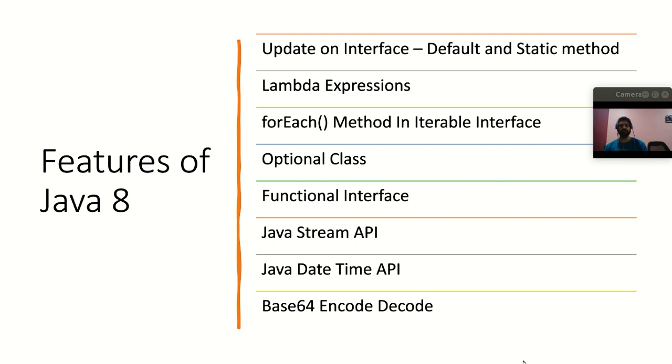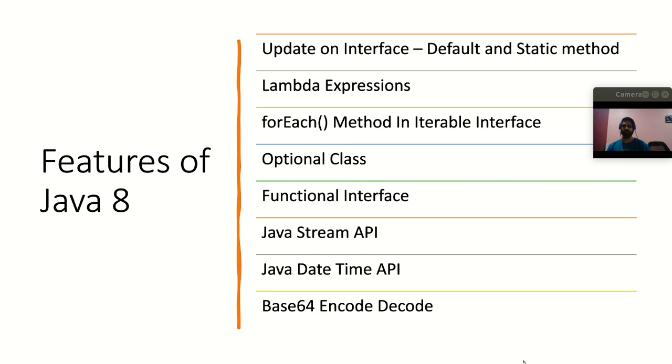But with this new feature in Java 8, you can now add default and static methods. So if you are using Java 8 and want to add a new implementation inside the interface, you can do it directly with the default method.